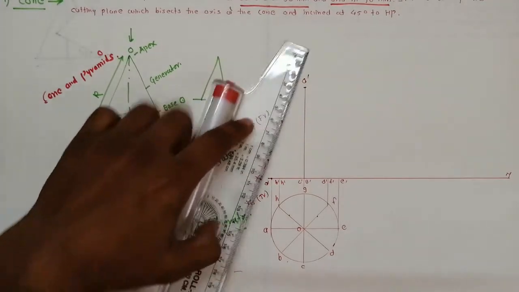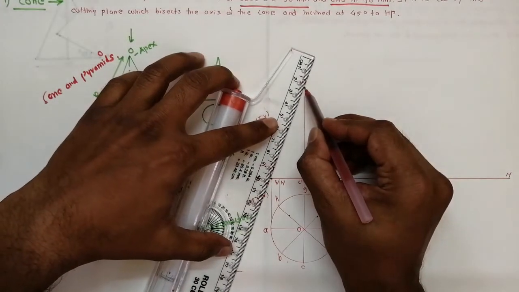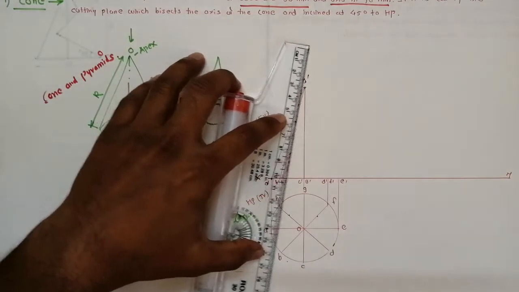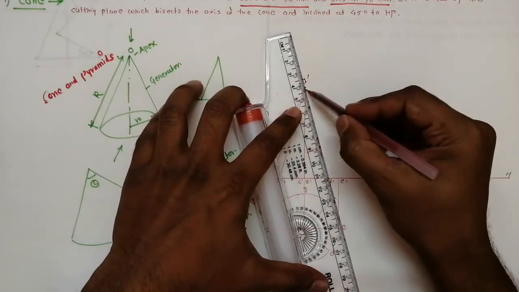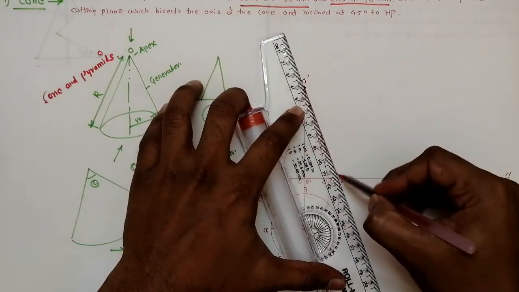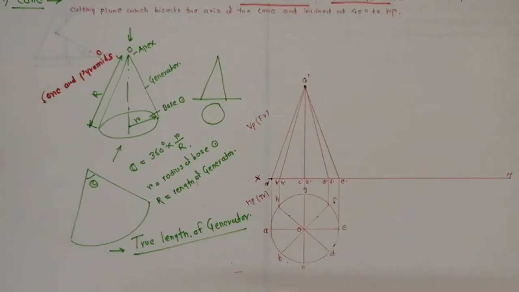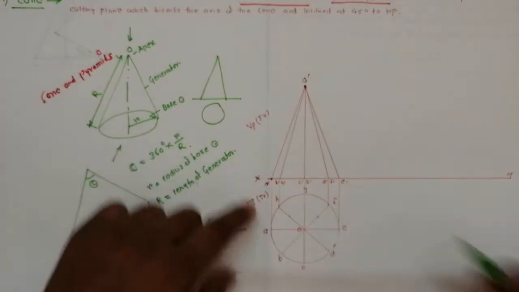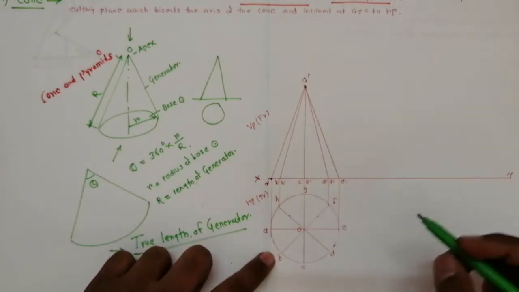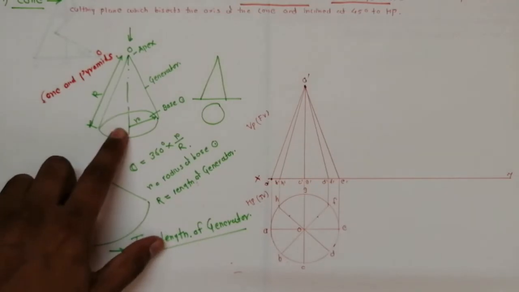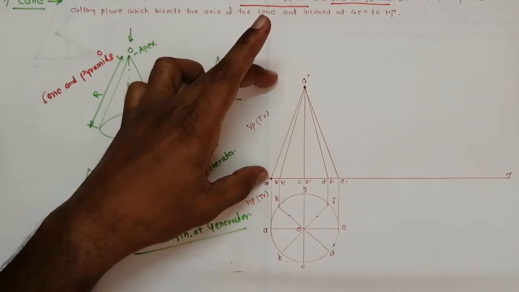Since the front view is a triangle, you join O dash with A dash, O dash with B dash and H dash, then O dash with D dash and O dash with E dash. So we have drawn the front view as a triangle and the top view as a circle. We have named it only once, because there is only one circle at the bottom, and the front view is a triangle.